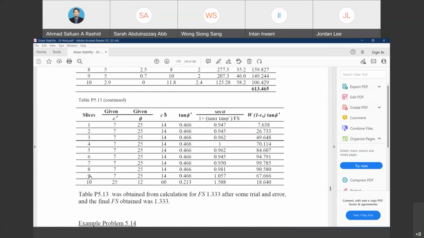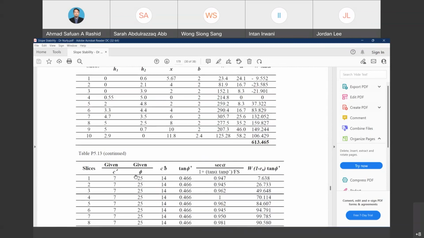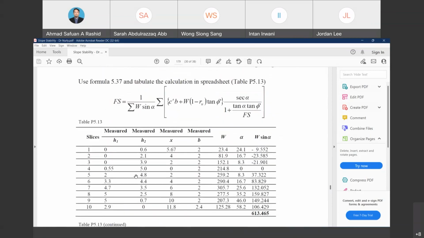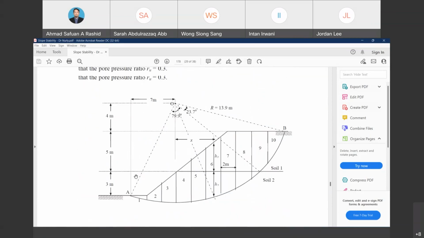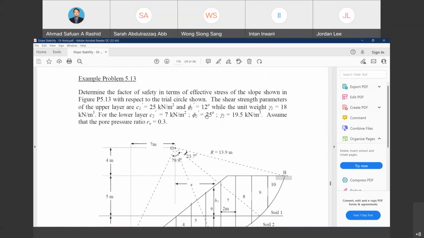For slice number 9, she only mentioned C as 7 and 29, and I'm not sure about the soil properties. C 7, 29. This is 25.